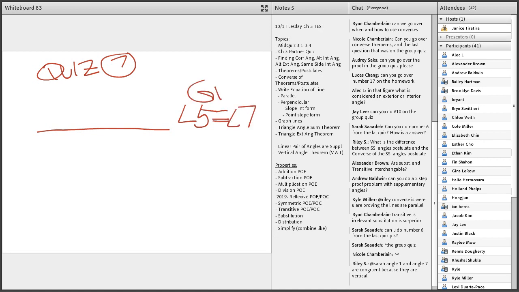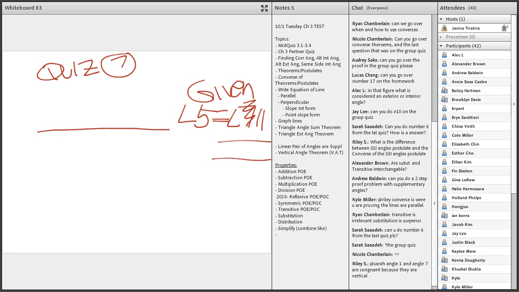That was given. And here's the picture, 5 and, oh, I'm sorry, this is 5 and 11. That doesn't look right. 5 and 11. Boom and boom. Sorry, right here and right here.